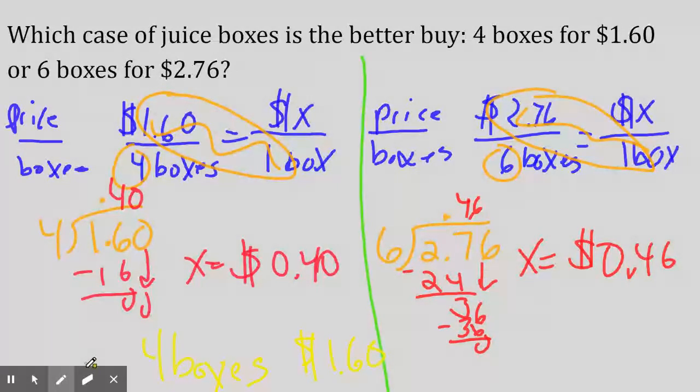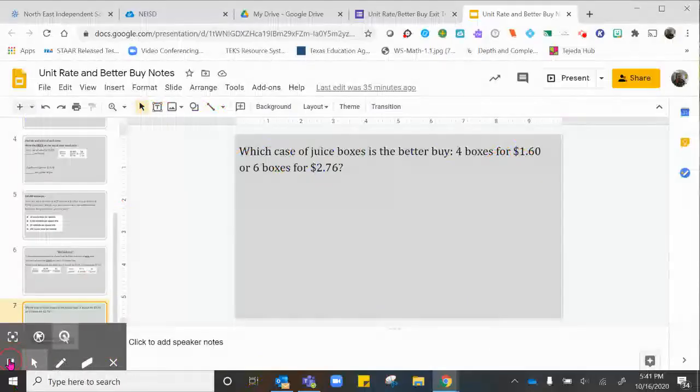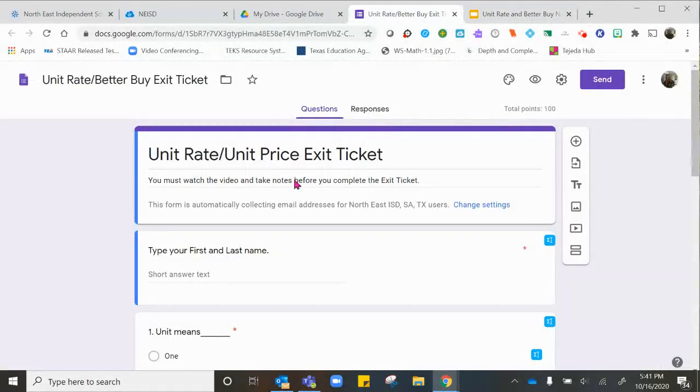And let's talk about our exit ticket for today. All right, so remember, the expectation we have is that you are completing the video and your exit ticket during your class time. Okay, just like you would get on Zoom with us, you should be watching the videos, getting the lesson during your actual class time.